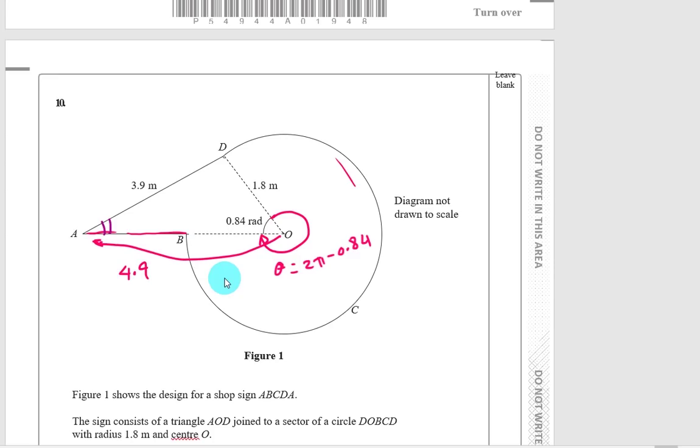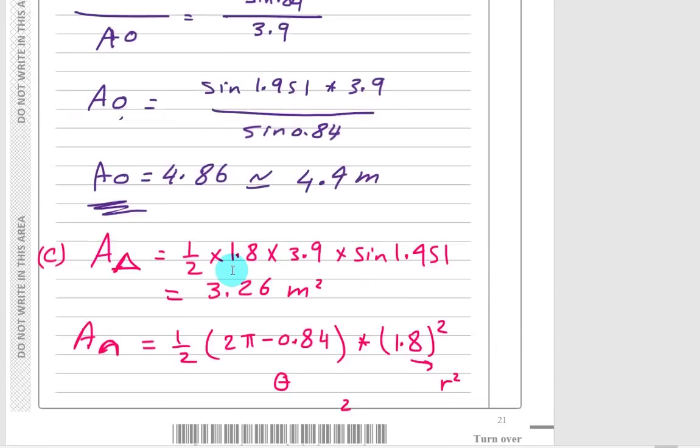So AB here will equal 4.9 minus, this is the radius 1.8. Plus this part plus the length of the sector.